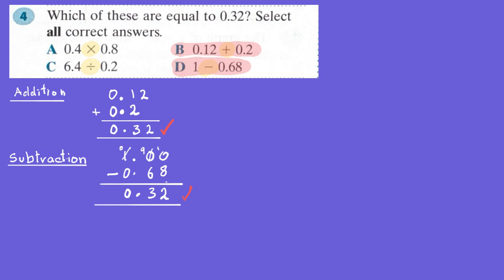Now we'll try and do the multiplication and the division. So when doing multiplication of 0.4 multiplied by 0.8, we'll move the decimal point. This decimal point will move 1 to the right, and we'll move this one also 1 to the right. And so now we are happy to say that we can just do 4 times 8.